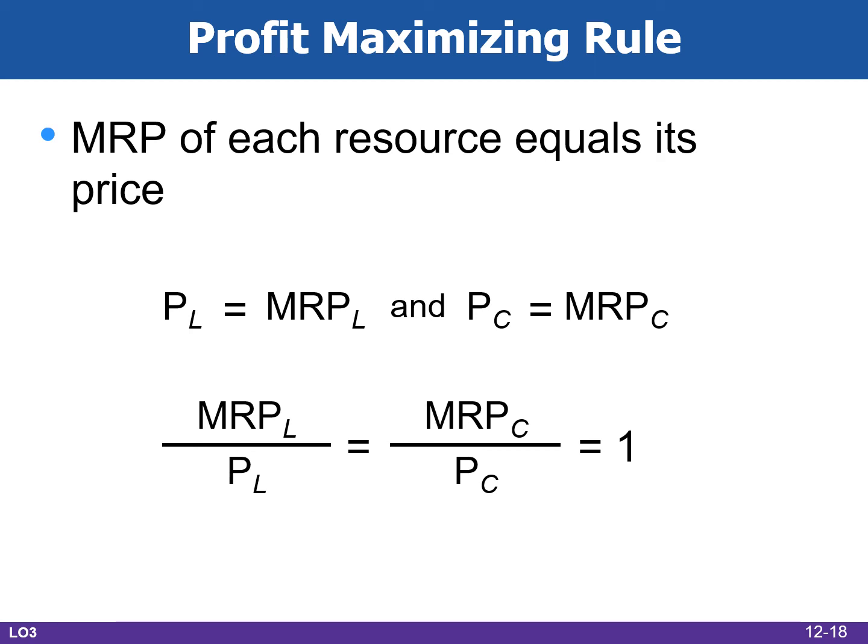So we're going to, through a system of trial and error, determine what level of labor inputs given a certain marginal revenue product of labor will equal the marginal revenue product of capital. So we're going to have to find a situation where these two equal 1.